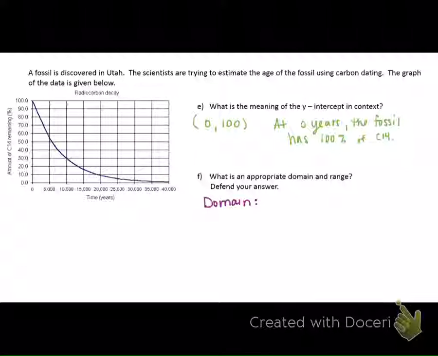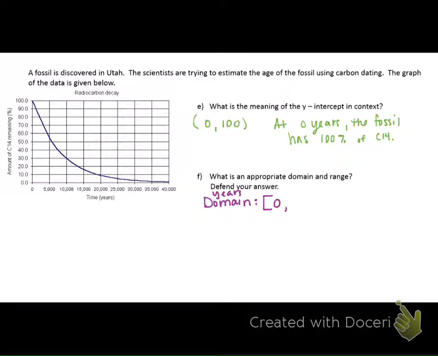Yes. X value. How many years? So domain is years. What is the least amount of years you can talk about? 0. We can't go negative years, can we? So 0 is our least amount of years. So I'm going to put a bracket on it because 0 is included on our graph, right? 0, 100 is included on our graph.